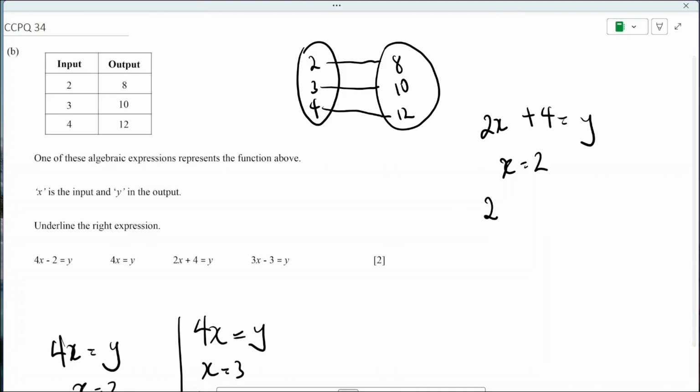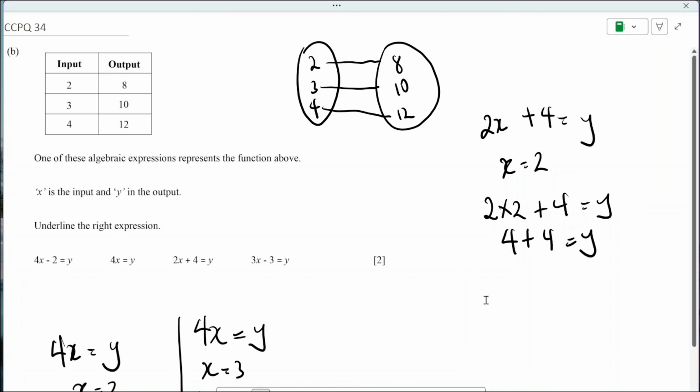So we have 2 times 2 plus 4 equals y. 2 times 2 is 4, plus 4 equals y. 4 plus 4 is 8. So y is 8. When x is 2, y is 8. It worked for the first one.